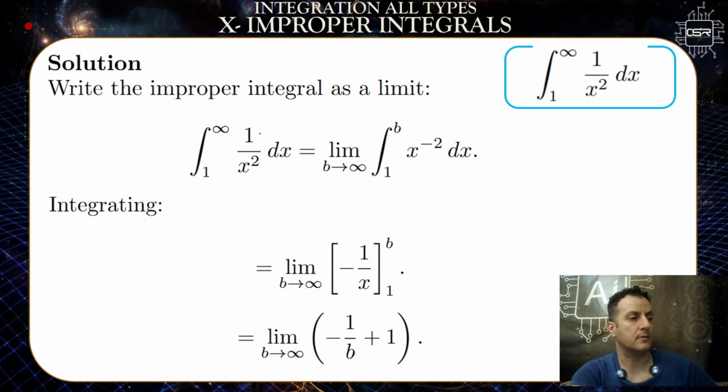So let's rewrite it. Integral from 1 to infinity of 1 over x squared dx equals the limit for b approaching infinity of the integral from 1 to b of 1 over x squared, which becomes x to the power of minus 2. We simply translate x from the denominator up to the numerator.